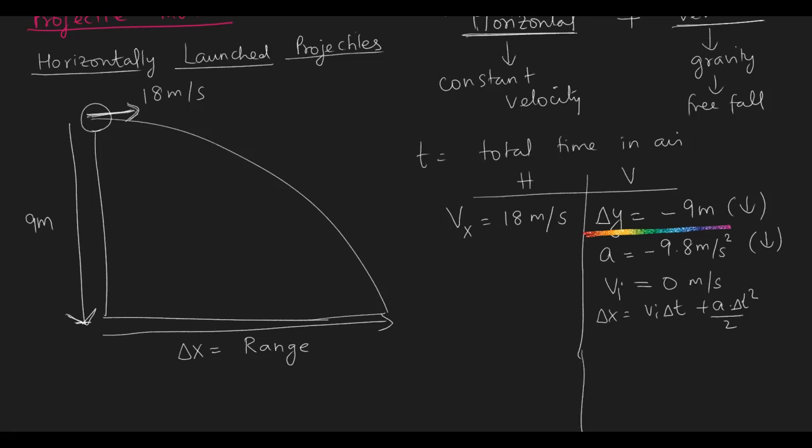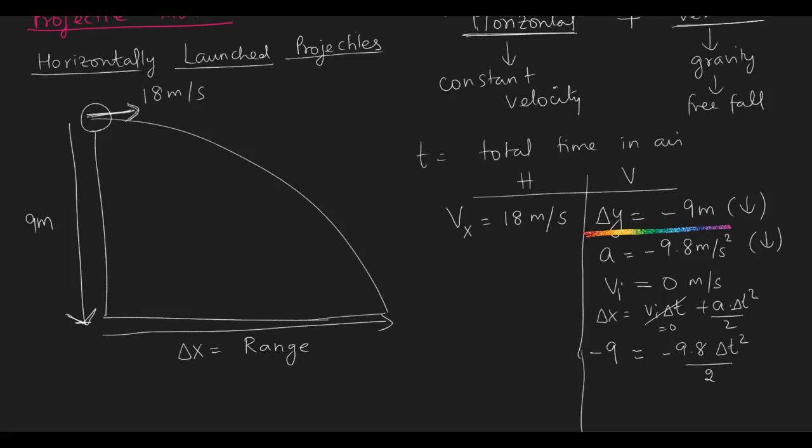So substituting, because we are in the vertical, we can call this delta y. So that is going to be -9. My v_i is 0, so 0 times time is going to be 0, so this whole term becomes 0. a is negative 9.8 delta t squared divided by 2.